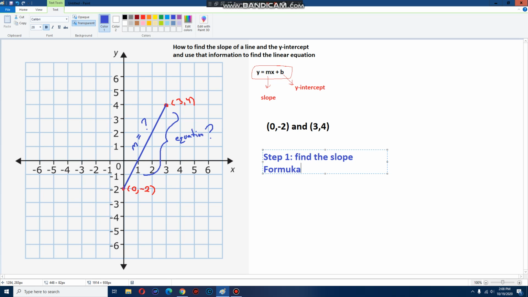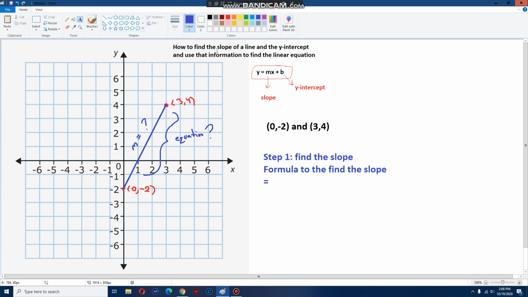The formula to find the slope of a line is something fancy, something like this. This triangle is called delta. Delta y divided by delta x.